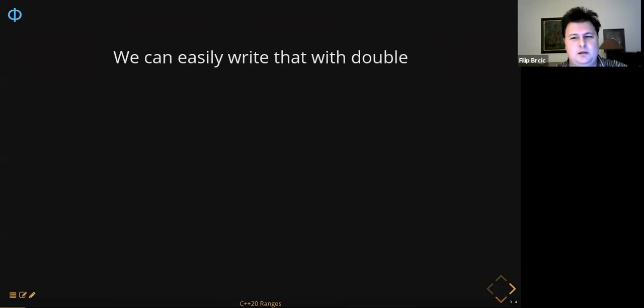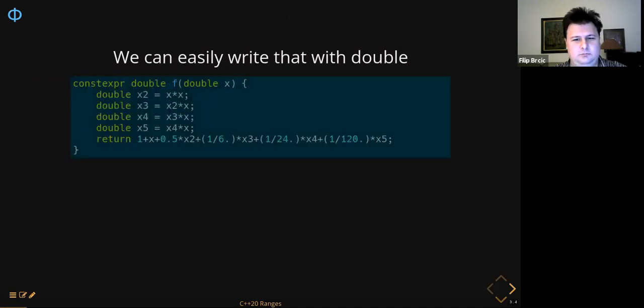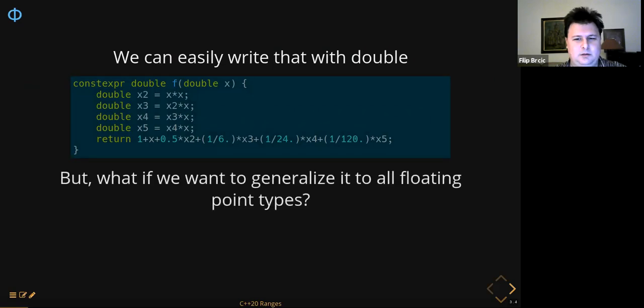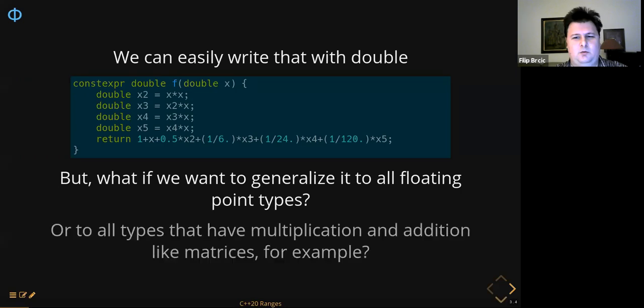So it's usually written in a double. Okay, no problem there. But what if I want to have differing precisions? I want it in float because that's faster to evaluate, or in long double because that's more precise, or I want to calculate the exponent of, I don't know, complex numbers, matrices, or whatever I think of.